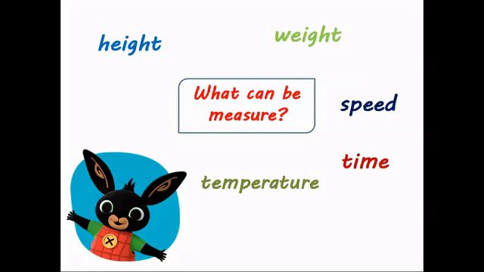If you go to the shopping mall, you have to get your temperature measured first before you enter the shopping mall. And the last one is distance. You can measure the distance from school to your house, or between Seremban and Port Dickson. All of these measurements you will learn in primary school, whether in year 4, year 5, or year 6.